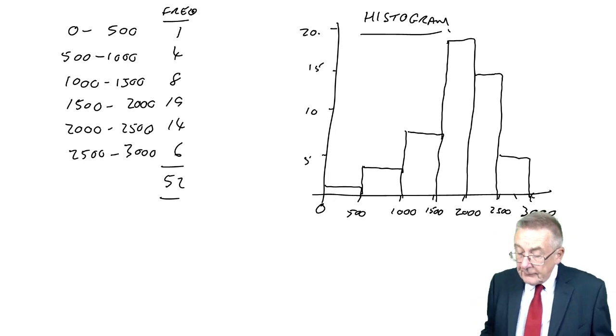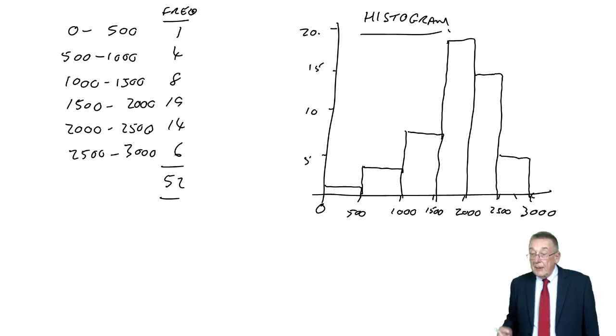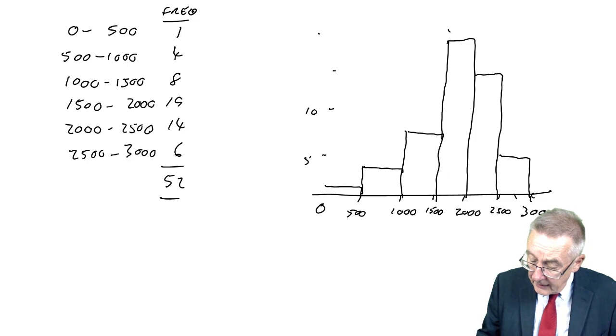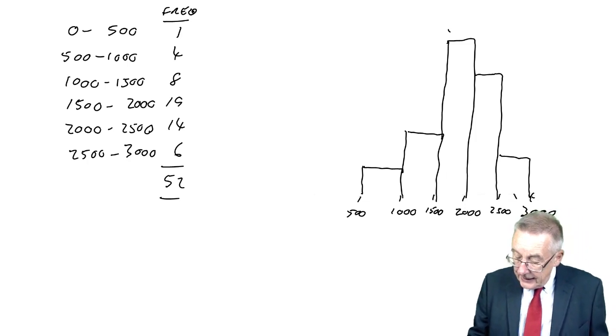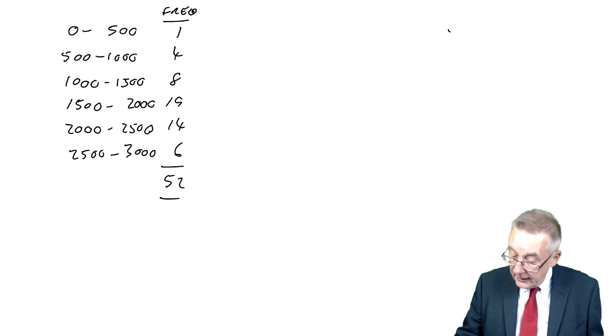Another way of representing the data as a diagram, less common, and again I'll explain why it might be useful later, is something called the ogive.